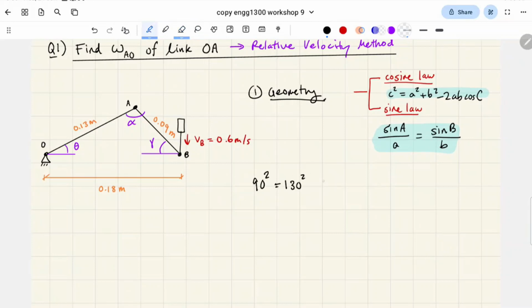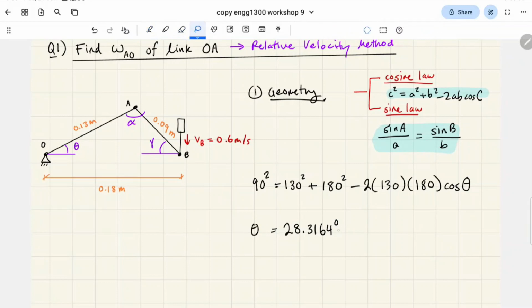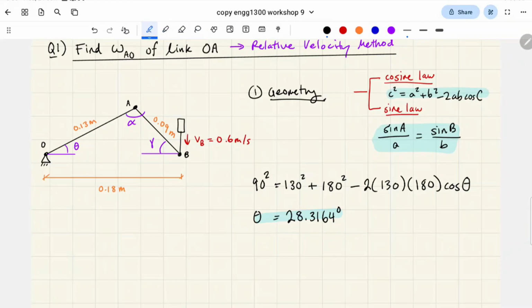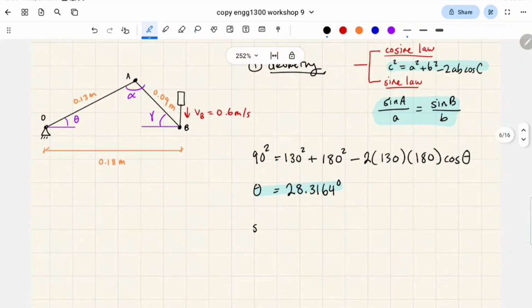I'm doing it in terms of millimeters, just because that's what I've written down. And we're solving for this angle theta, which is this one here. Next, we're going to use sine law.